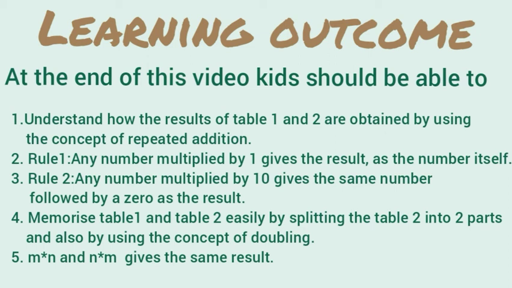And they should also be able to memorize table 1 and table 2 easily by splitting the table 2 into 2 parts, and also by using the concept of doubling. Finally, they should know that the results obtained by multiplying m with n and n with m are the same.